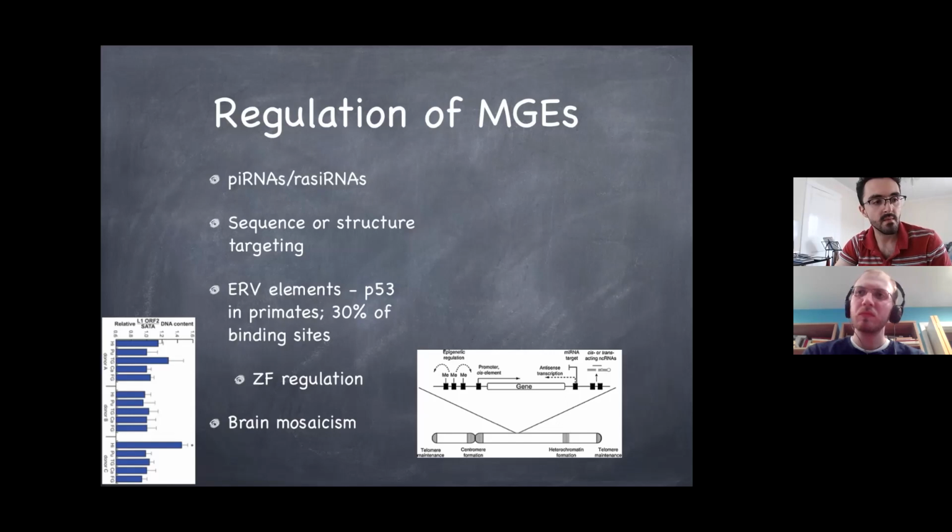And some suggest that poor regulation of these and insufficient suppression is related to certain genetic conditions, and they may contribute to a number of human diseases, but it's not clear.